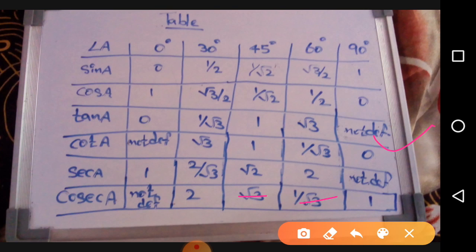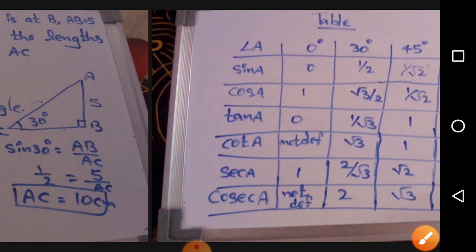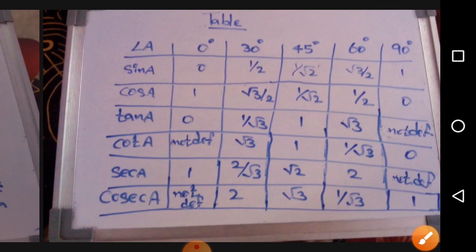Cot 30 is 1 by 1 by root 3, which is root 3, and cot 45 is 1. This one is 1 by root 3, and here it is 0, because 1 by not defined is nothing but 0. So as you are done with the table, let's move on to the example problem.